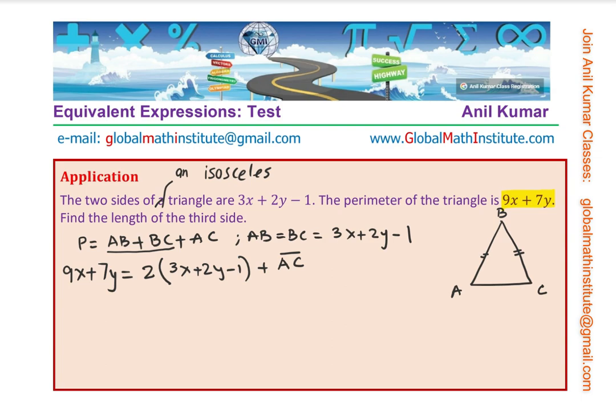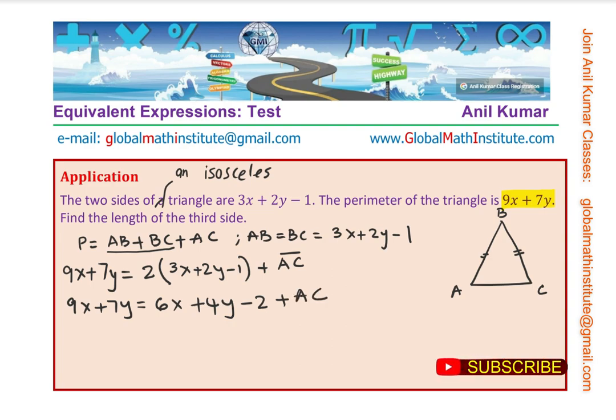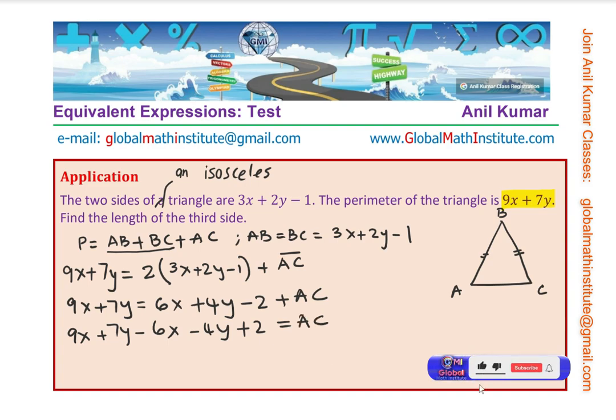Let us expand and simplify. So we have 9x plus 7y equals 2, open this bracket, 6x plus 4y minus 2, plus AC. So we can find AC by isolating it, right? So we have 9x plus 7y minus 6x minus 4y plus 2, and that is AC, which we need to figure out.